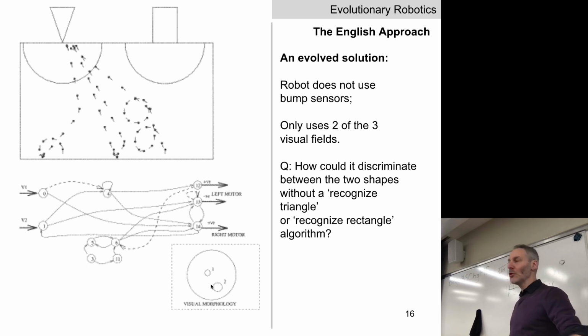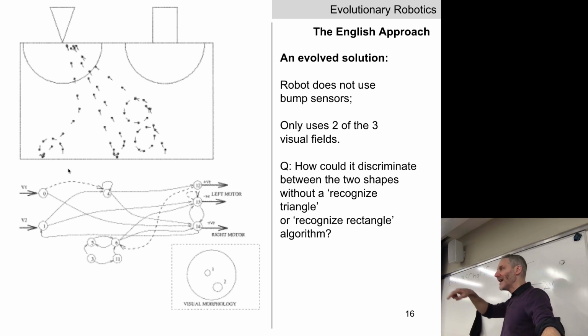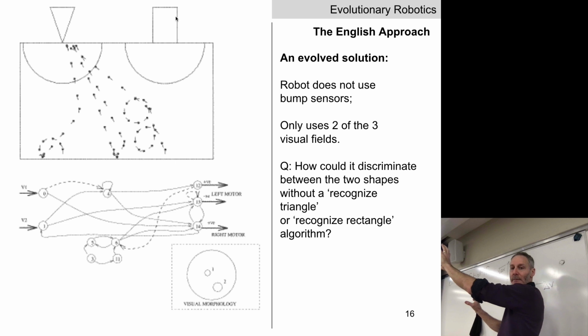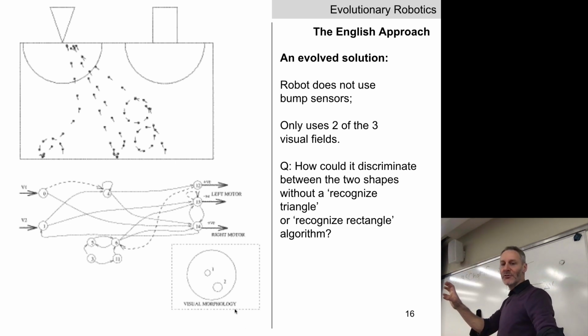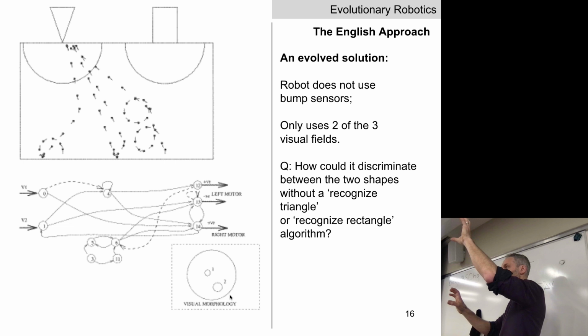Let's have a look at these 2 fovea. As the robot is moving around and describing a curved trajectory, these 2 fovea come and they hit the left side of the black rectangle. As they hit it, the top left fovea goes dark, and then as the robot is driving in this curved trajectory, a short time later, this fovea goes dark.